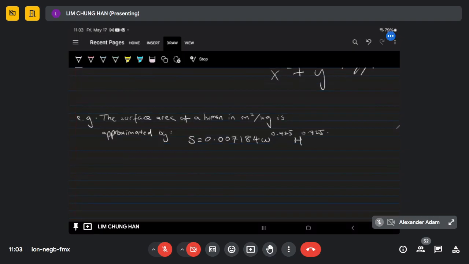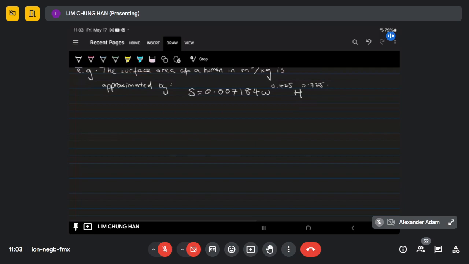Okay. So the surface area of a human in meters squared per kilogram is approximated by this formula here. So what that means is, as a human, your skin has an area.